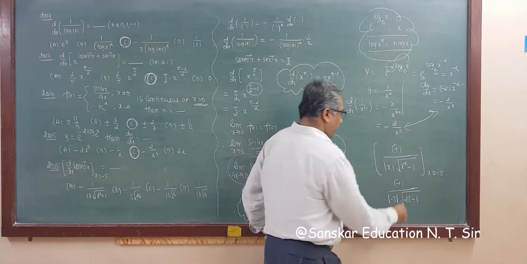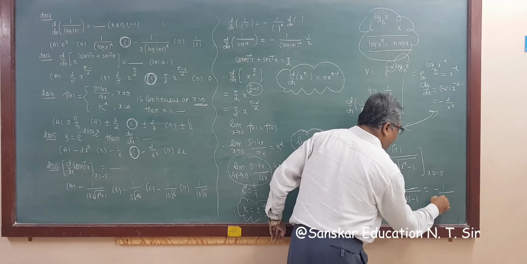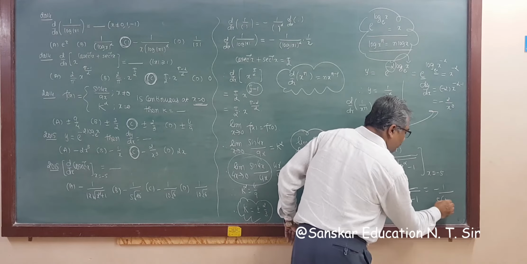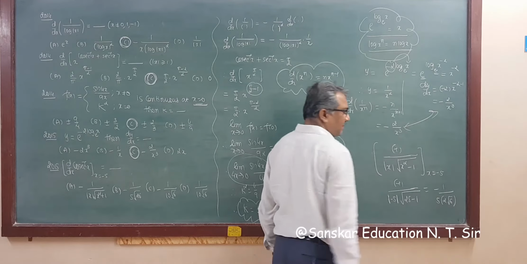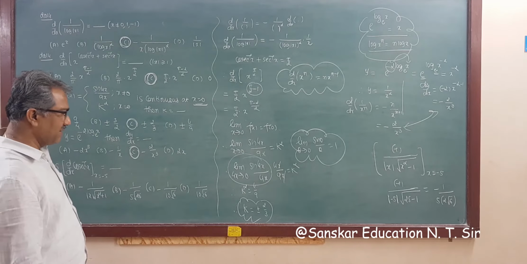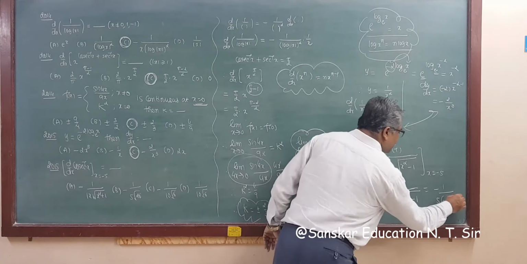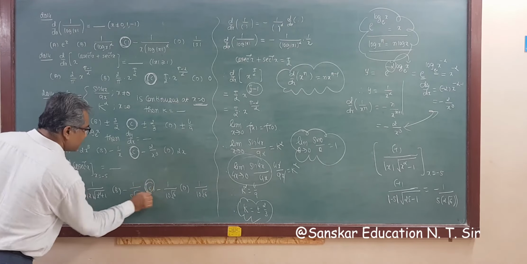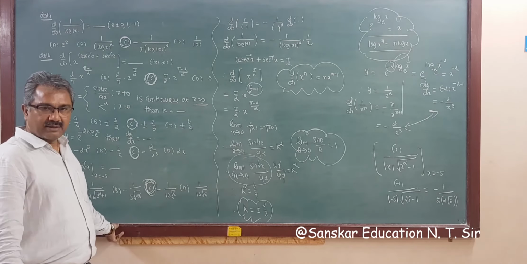So this is minus 1 upon 5 into 24, means 2 root 6, that is 10 root 6. Minus 10 root 6 is the correct answer. Option C is the correct answer.